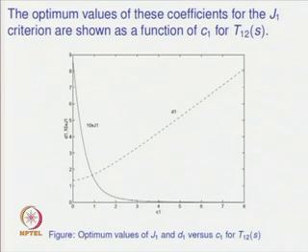So, for every C1 there exists some optimum D1, and with the help of some optimization function or some performance index, particularly the integral square time error criterion given by J1, it is possible to get optimum values of D1 for different values of C1.